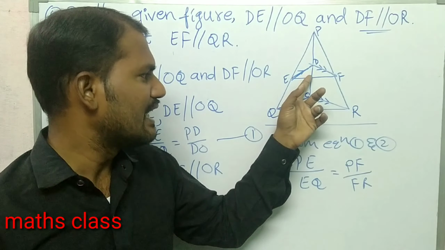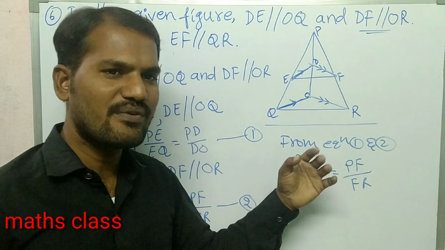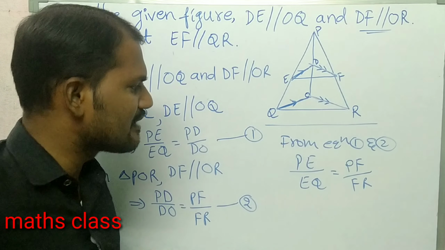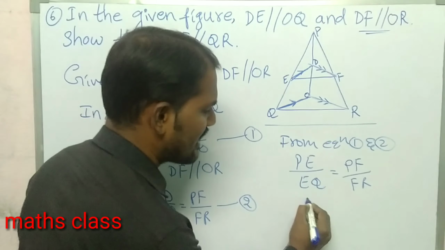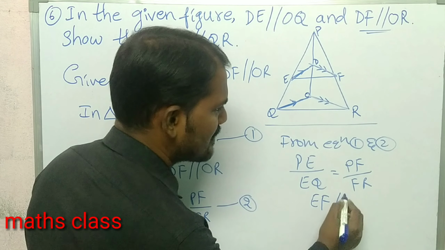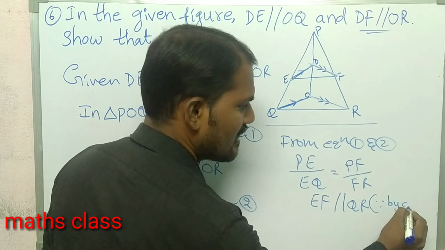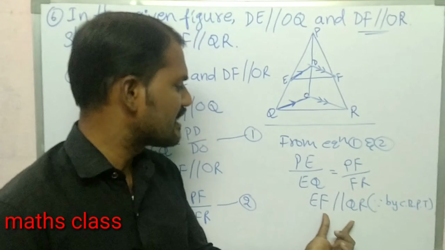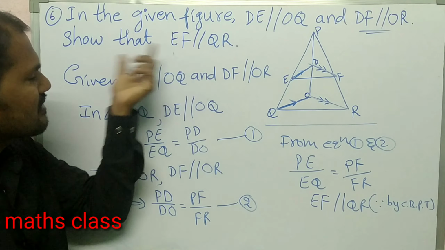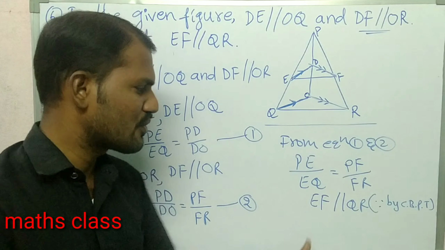So we can say EF is parallel to QR by converse of basic proportionality theorem. So PE by EQ equals PF by FR means EF is parallel to QR by CBPT, converse of basic proportionality theorem. Here we have proved what was asked: show that EF is parallel to QR.